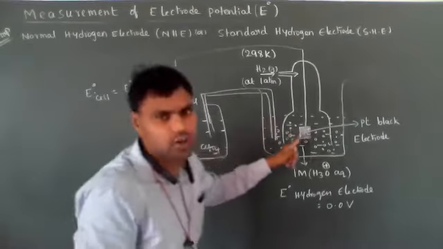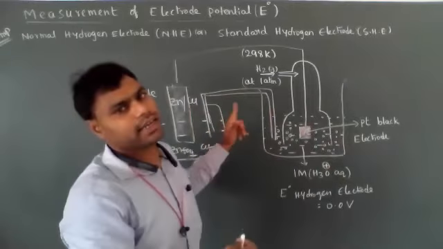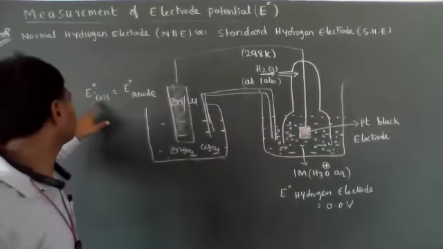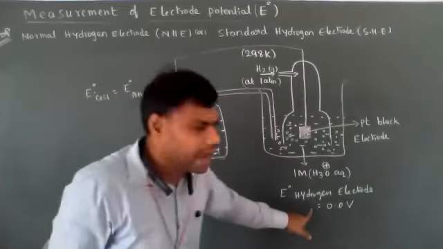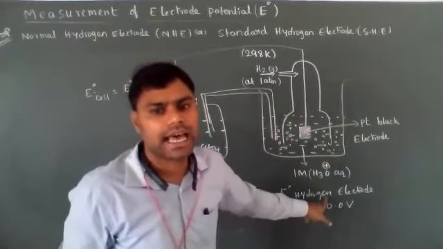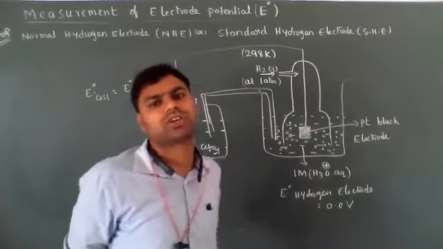If we use the hydrogen electrode on the anode side, then the cathode's electromotive force will be equal to E0 cell, because under standard conditions the hydrogen electrode's potential is always 0.0 volts.